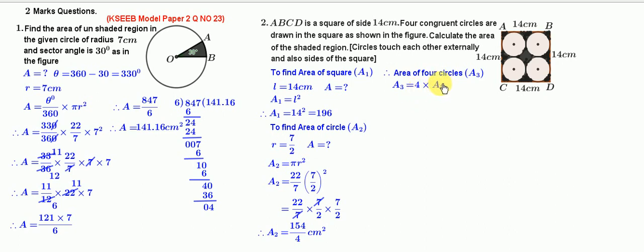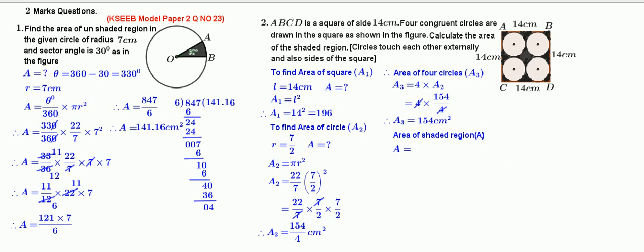Here A2 is equal to 154 by 4. Therefore, A3 equal to 4 into 154 by 4. 4 gets cancelled. Therefore, A3 is equal to 154 centimeter square.